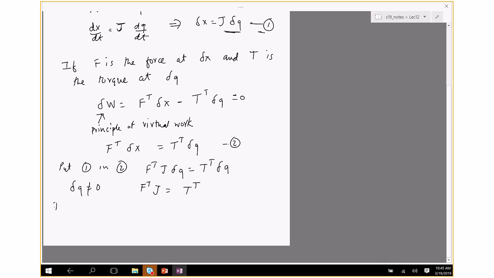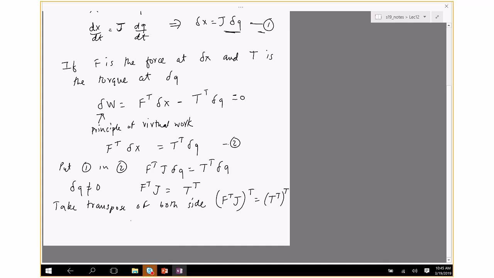Now what I'll do is take the transpose of both sides. When I take the transpose of AB, it is always B transpose A transpose. So this will be F transpose J, the whole transpose, equals torque transpose transpose.